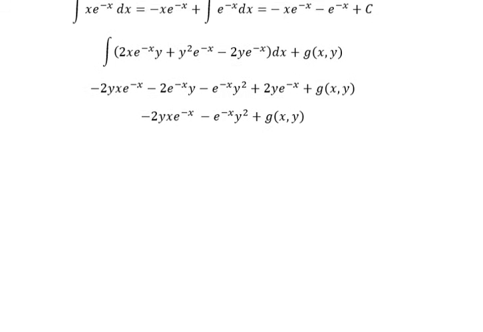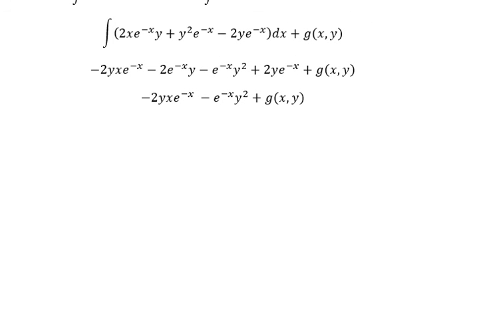Next, we need to do first the derivative of f with respect to y. So this one, we have number 1. This one, we have 2y.